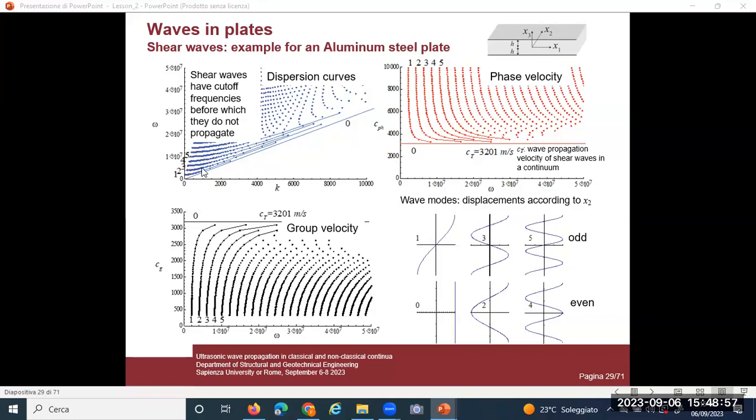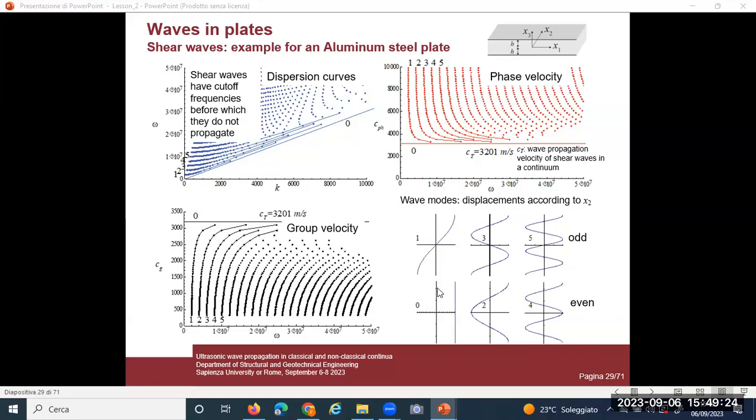Each one of these modes has these phase velocities and these group velocities, and has a shape, and the shapes are the distribution of displacements according to x2 that are reported in these diagrams.